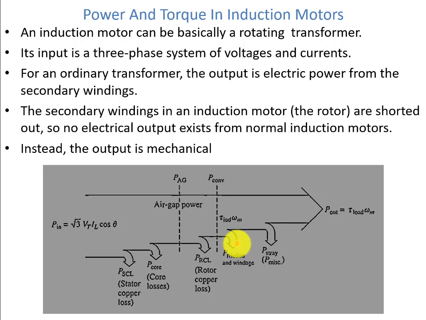Friction is because of the bearings, and windage because it is rotating, and then there are some other miscellaneous losses which we cannot measure properly, so we just put them in the stray losses, and then we will have some output power. That will be the load torque times omega m. So just like in the transformer we have P out in electrical form, but here in the induction motor we have the output power in the form of mechanical power.